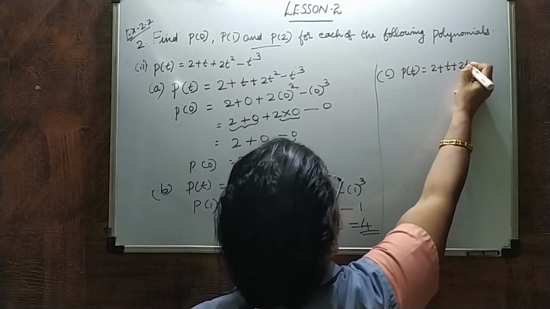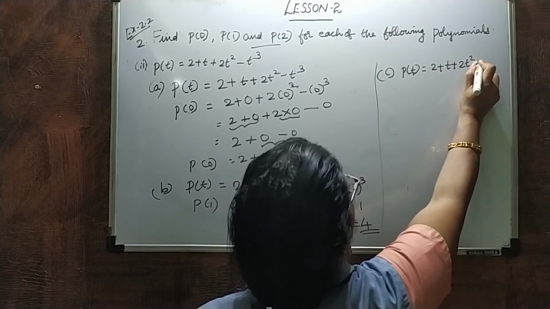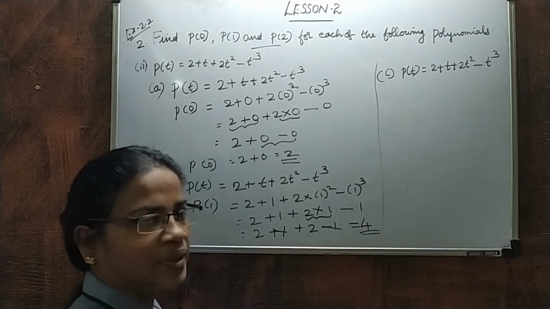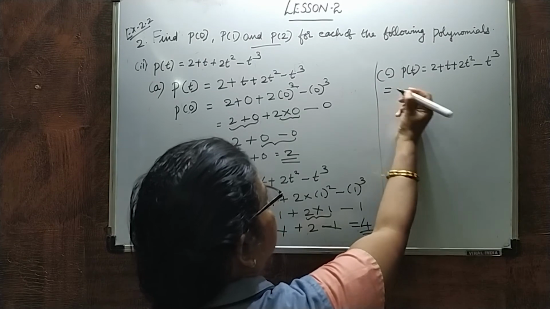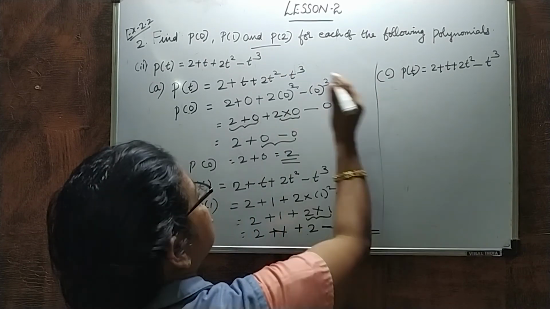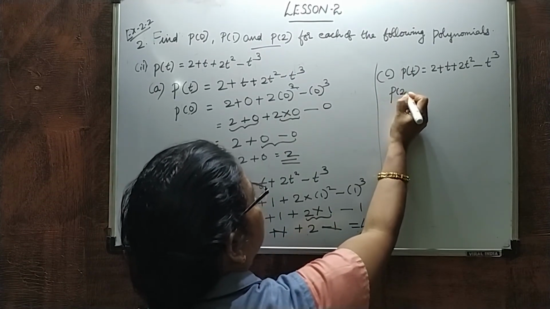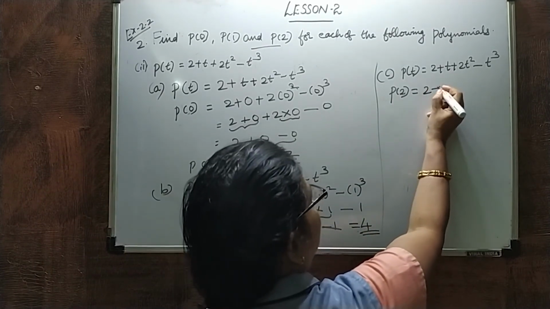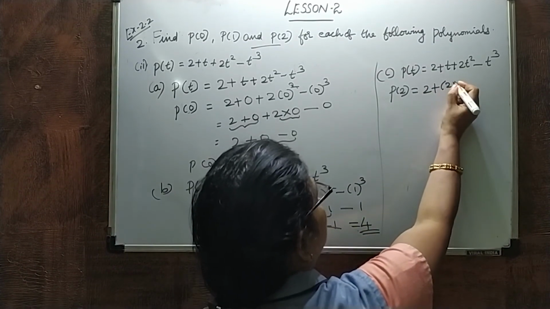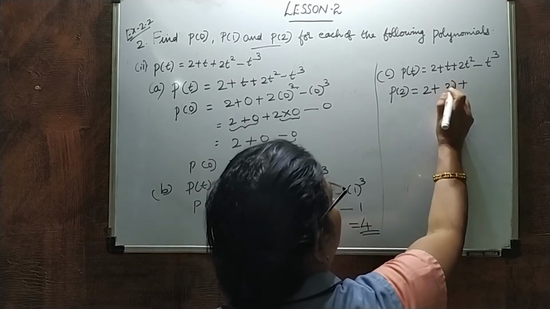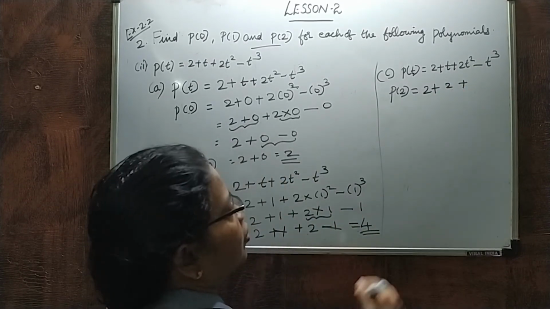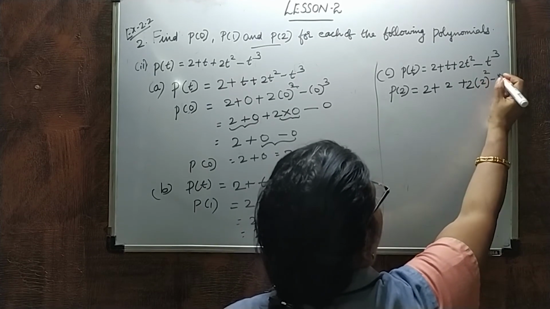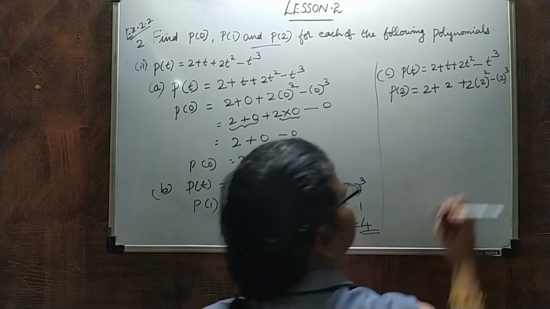Now the third one, see, so write P of t is equal to 2 plus t plus 2t square plus, minus, not plus, minus t cube. Okay, now what you have to do? Last one, P of 2 you have to find out. P of 2 equals 2 plus t means 2 plus, here if you don't put 2 in brackets also no problem, 2 into 2 square minus 2 cube.